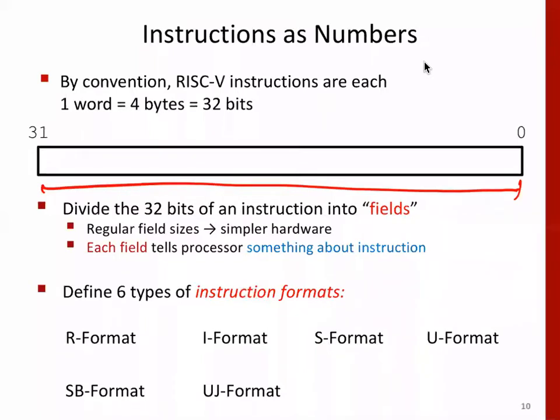So we have a choice, and we are using a load-store architecture. It means that there can be instructions for loading data to memory, or getting data from memory, or register to register. So we will have to take care of all this.